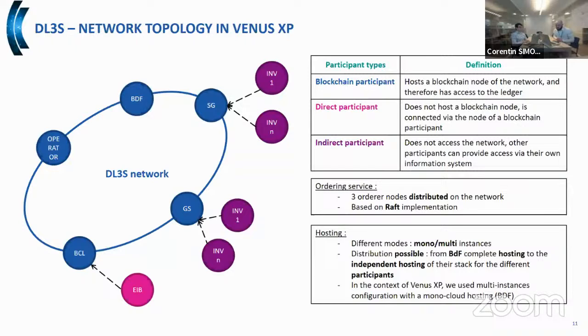The hosting can also be distributed, from BDF complete hosting, with BDF hosting all the participant stacks on its own cloud, to independent hosting of the stack of the different participants. For instance, Goldman Sachs could host its own node and interact with the others that could be hosted somewhere else.